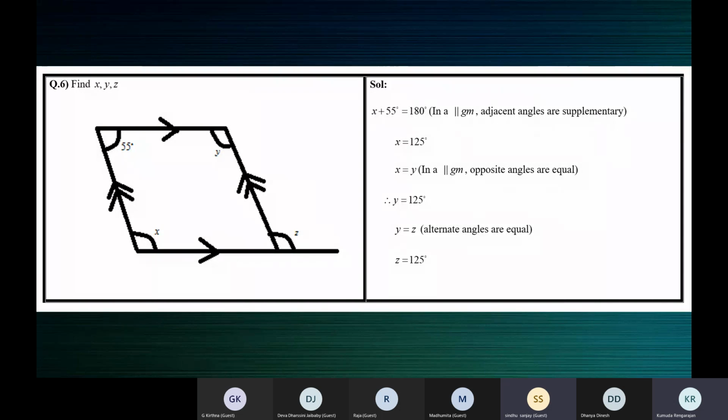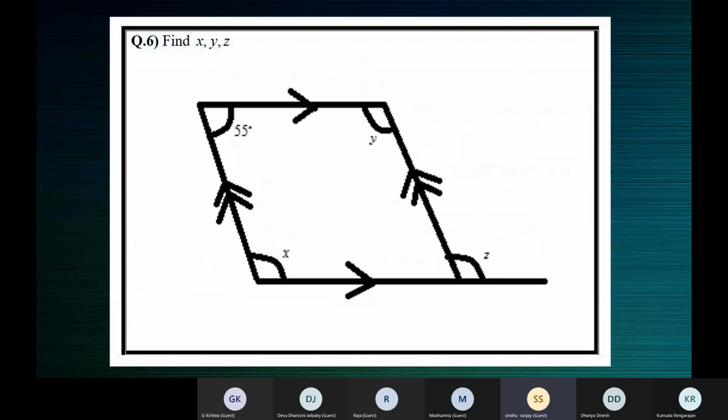Ma'am, we can also find it because Z's interior angle is adjacent to X, ma'am. Yes, you can also find this one. Adjacent angle is supplementary.